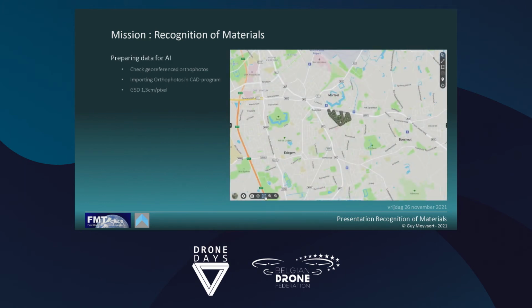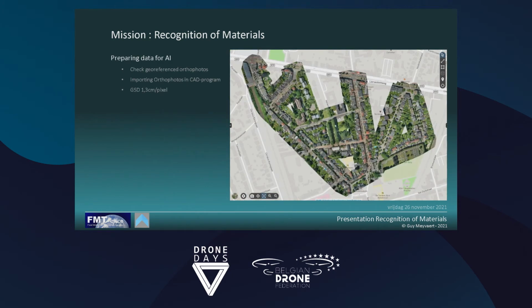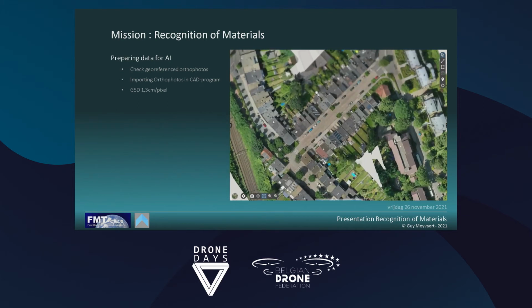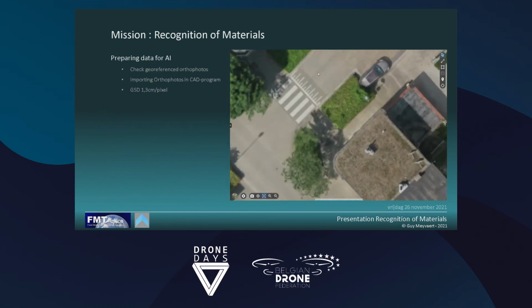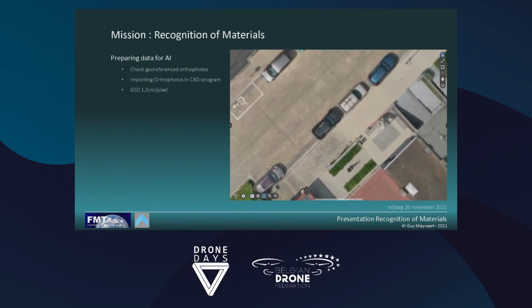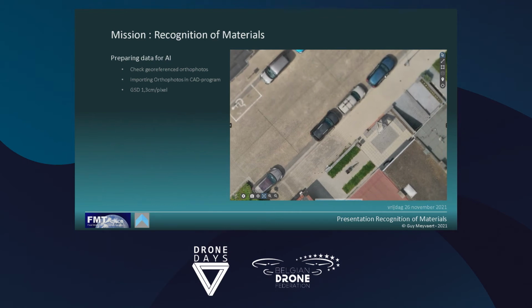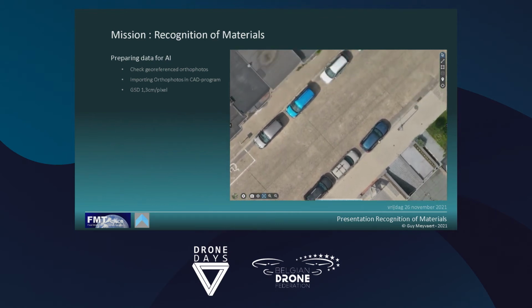When we look at the orthophotos, they are placed in the right place. That's the first point that we are looking at. And of course, we are going to see if all the details in the photos are very visible. As you can see, sometimes it takes a little longer, but you can see the differences of the materials.